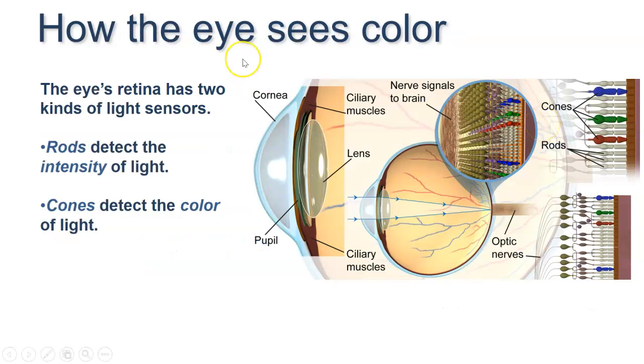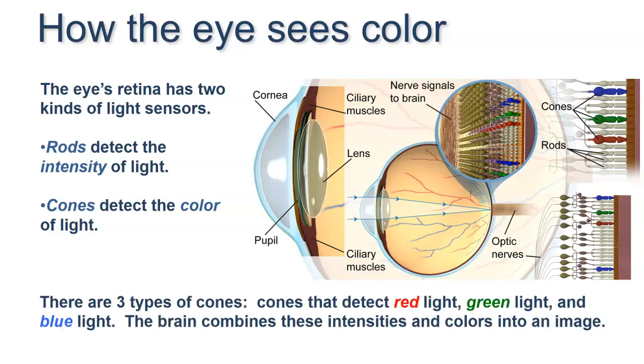Our eyes have two different types of sensors, basically. Your rods detect the intensity of light, while your cones are what detect the color of light and process that back to your brain. We have 3 different types of cones for light detection.